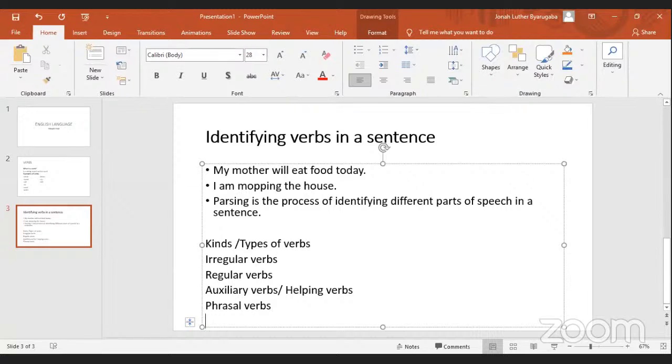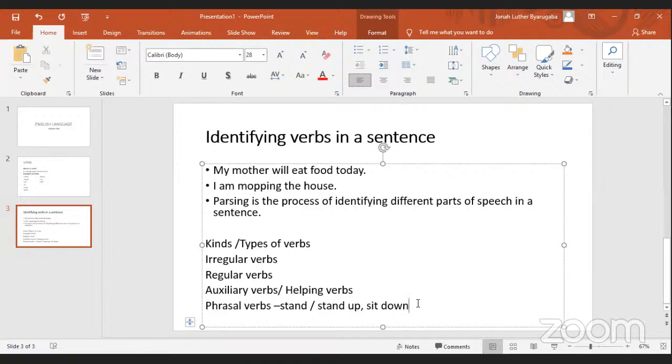When I told Nasha to stand up, I can say stand, that's one. Then there is a phrasal verb, stand up. So when the verb has more than one word, it is called a phrasal verb. Stand up, sit down. You see that?